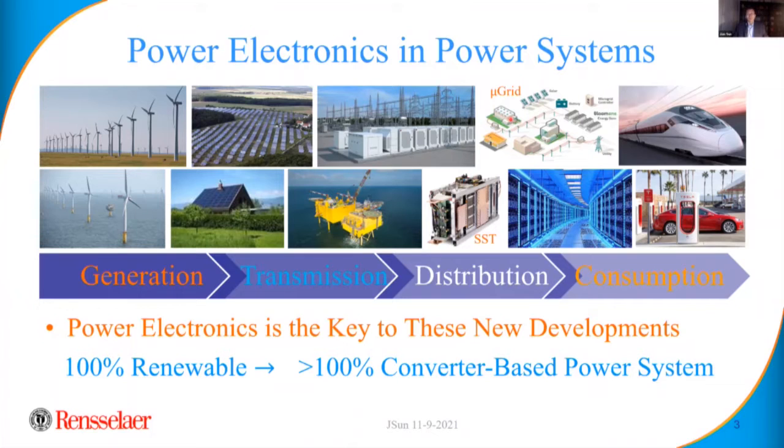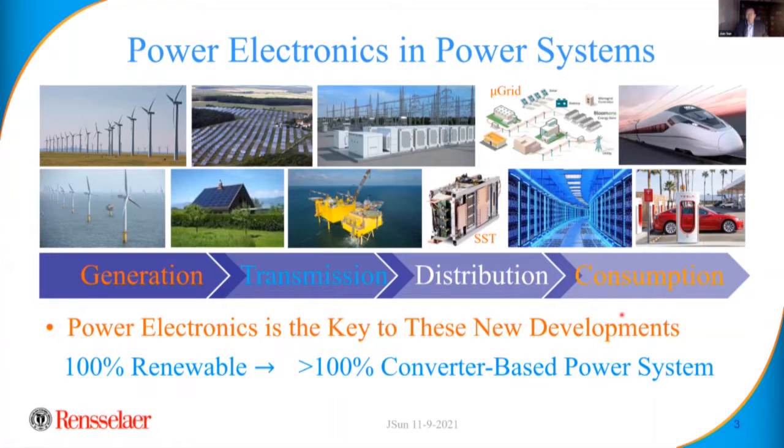So every megawatt of turbine would require 2 megawatts of power electronics. So you can argue a 100% renewable power grid in the future really means more than 100% converter-based power system. That's an interesting transformation if you think about the 100-year grid. Now it becomes really different.